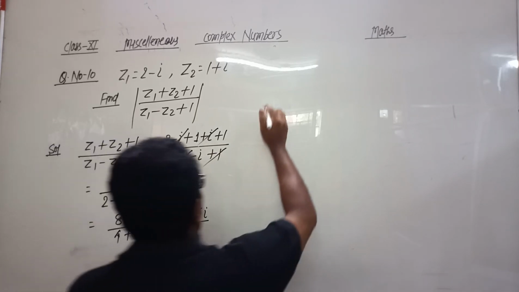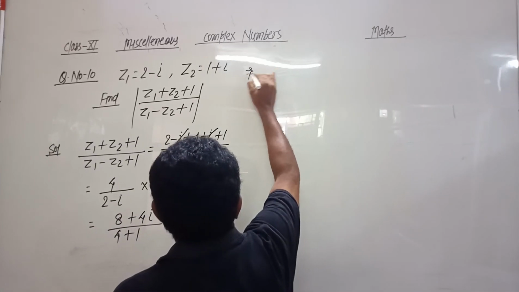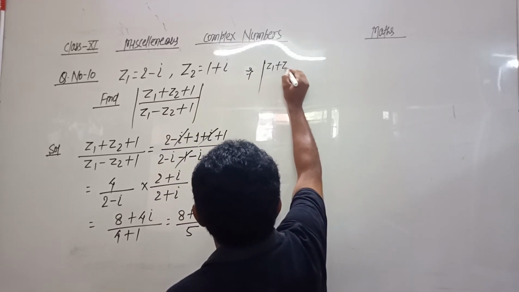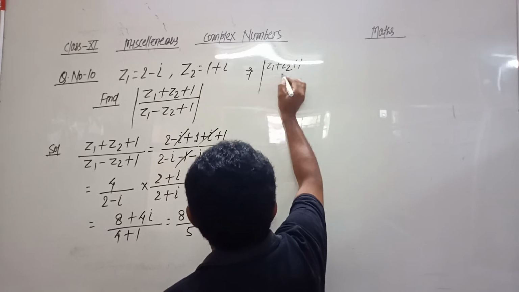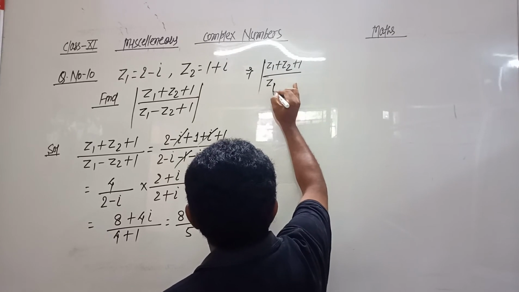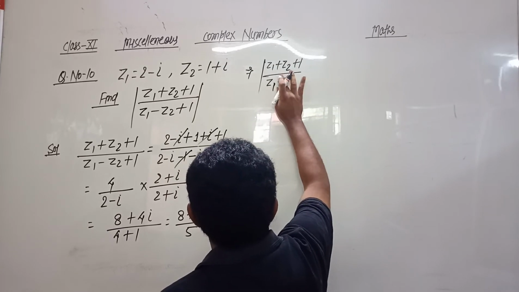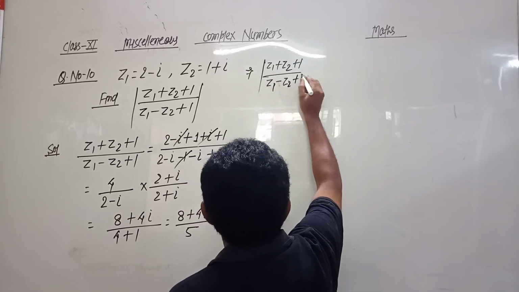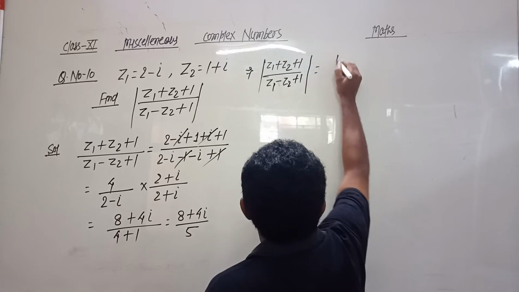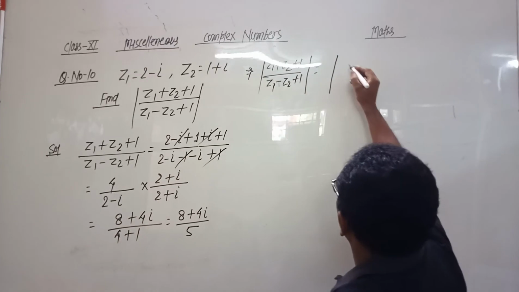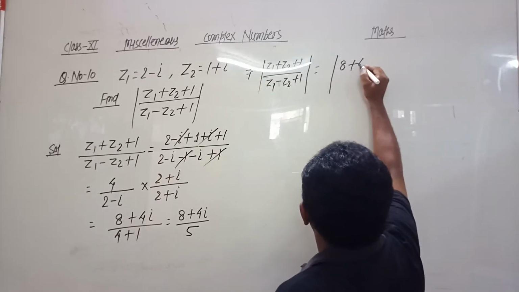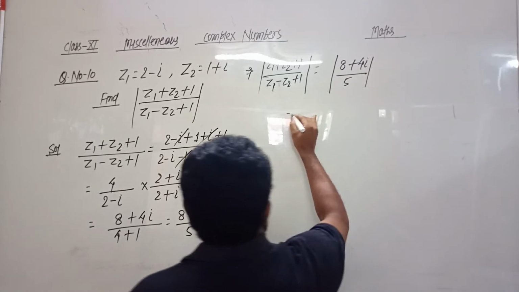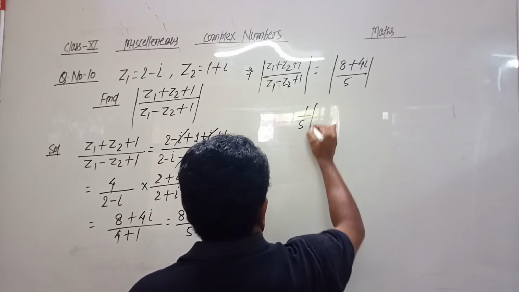Then we have to calculate the modulus of (Z1 plus Z2 plus 1) upon (Z1 minus Z2 plus 1). It means the mod value of (8 plus 4 iota) upon 5. So 1 by 5, the constant term, is written outside.